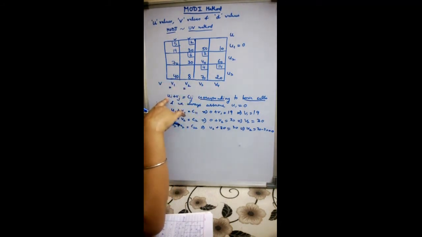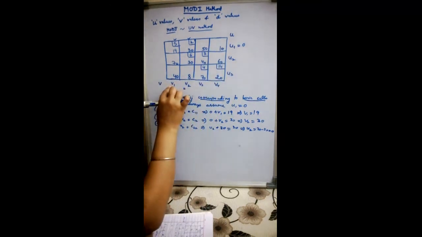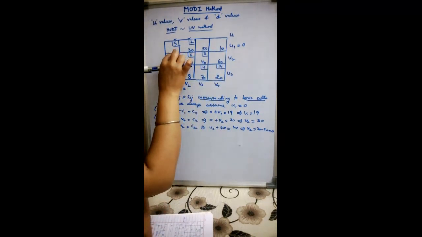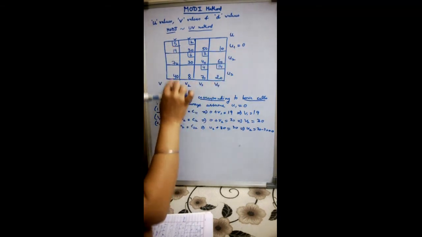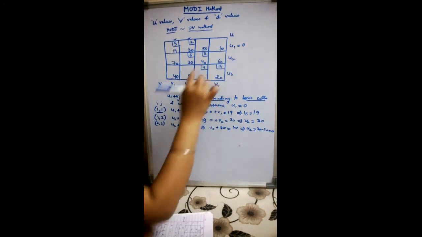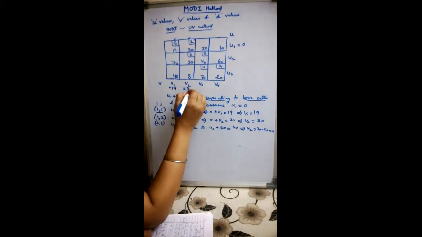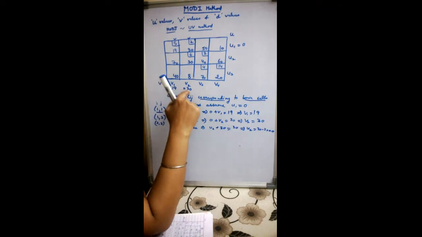The rule is u plus v should be equal to c. That means 0 plus what is equal to 19? 19. Coming to this value again, 0 plus what is equal to 30? 30. Now we have obtained these two values.